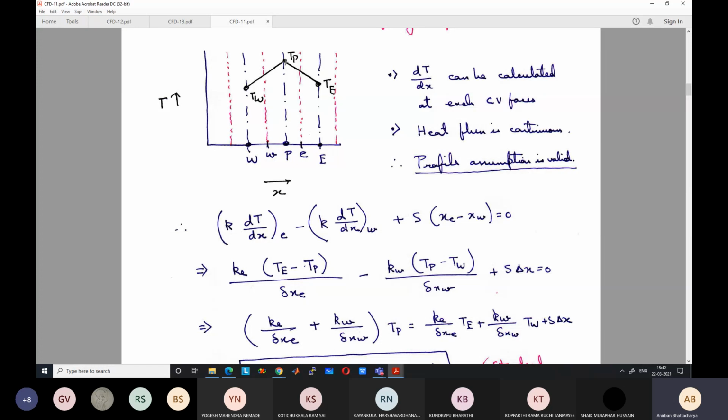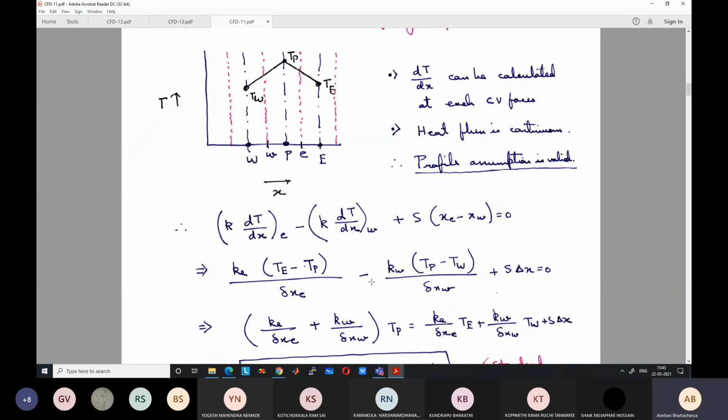Okay. So we know how to find ke and kw. Delta xe and delta xw are also known from the mesh generation. S is given to us as a constant value, and delta x we know from mesh generation. So the only unknowns are TE, TP, and TW.